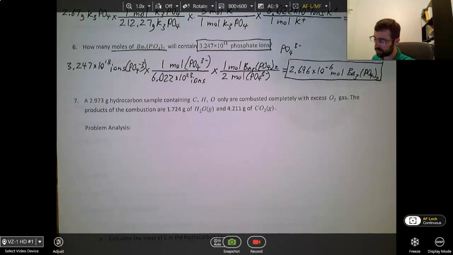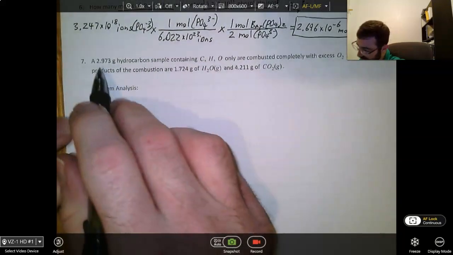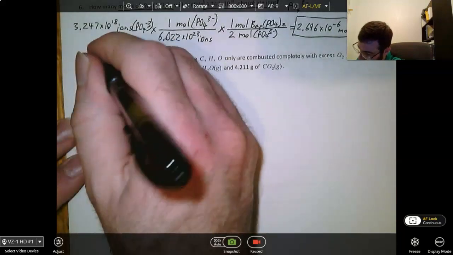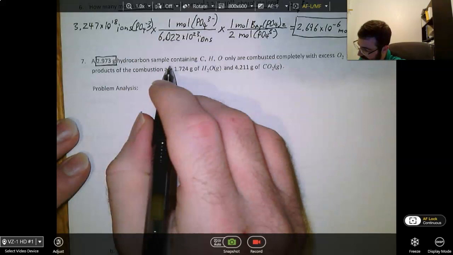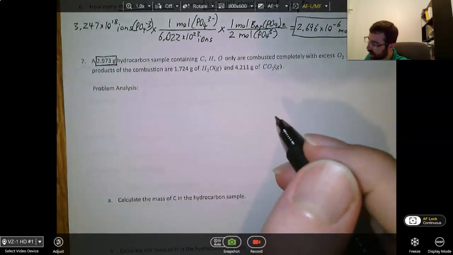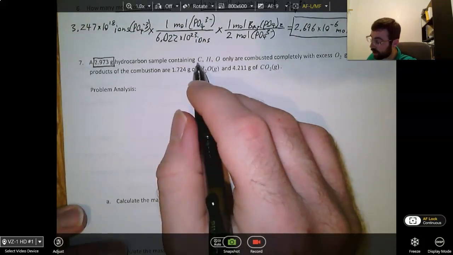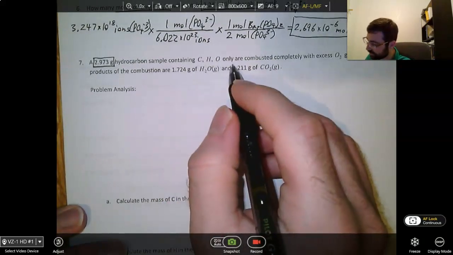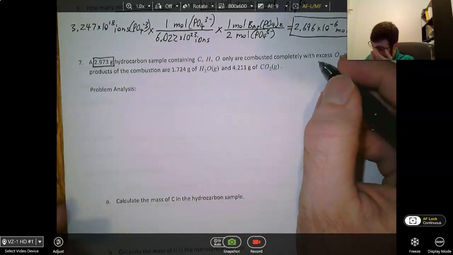All right, next problem says a 2.973 gram hydrocarbon sample containing only C, H, and O is combusted completely with excess oxygen.